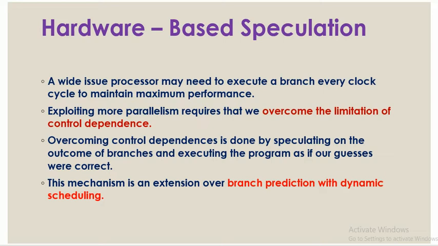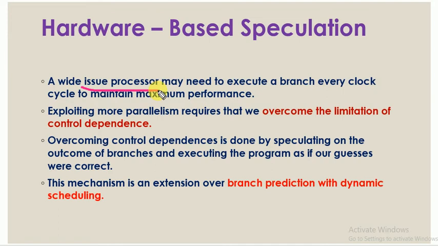Now in today's session we will discuss another hardware based technique called hardware based speculation, which is actually a variation of the Tomasulo based processor. We will see the variations that are added in hardware based speculation. It is normally applied to wide issue processors.